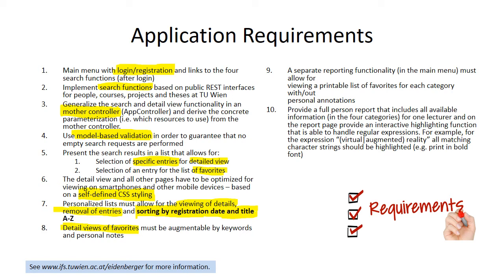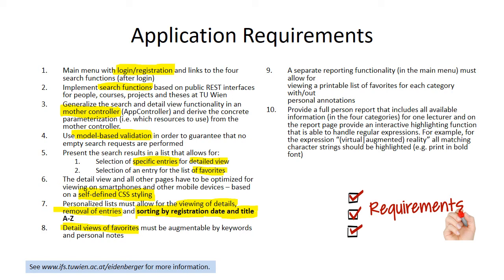Like, for example, I like this person because she's a good presenter, or she's very fair in the grading, or she's very quick in answering emails, and so on. Whatsoever, this should be addable to the entries, to the data that comes. And it has to be, of course, managed in the database, so it must not get lost between sessions.